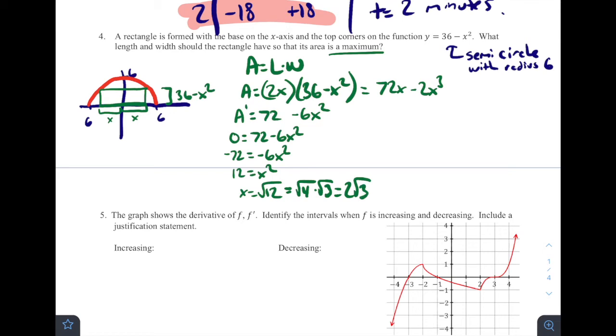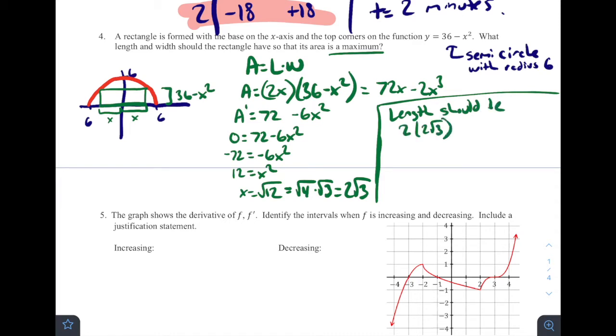But the length of that rectangle is going to be x and x. So x times x, which is 2x. So the length should be 2 times 2 root 3. So that is 4 root 3 for the length. And then the width should be 36 minus 2 root 3 squared.